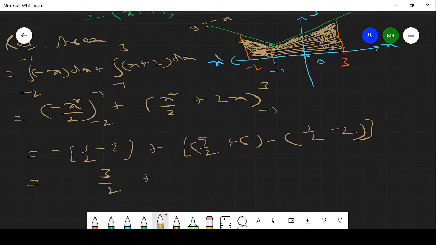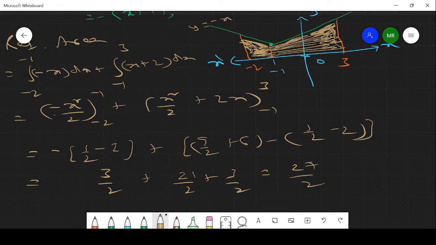This will become 9 by 2 plus 1 by 2 minus 6, which means 12 plus 9, 21 by 2, plus 3 by 2. All having denominator 2, only 21 plus 3, 24, 27 by 2.